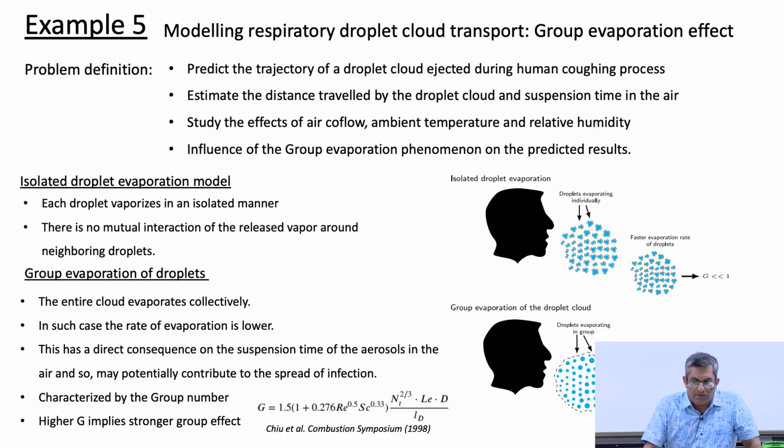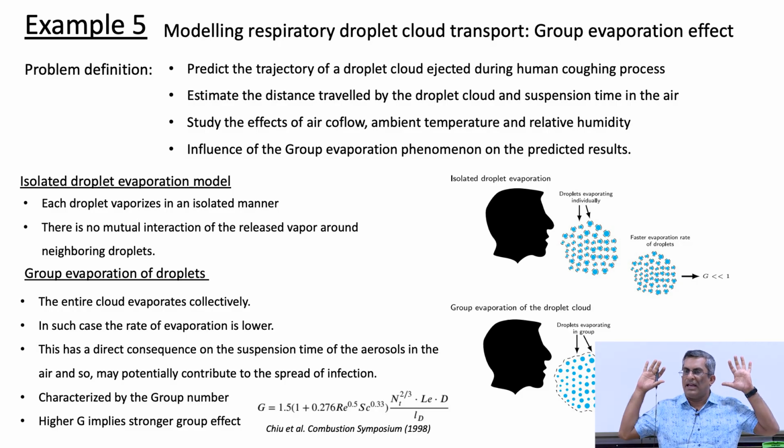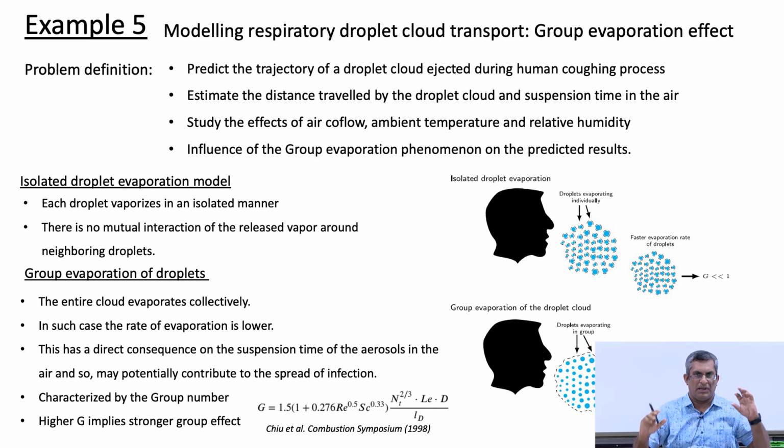Then estimate the distance traveled by the droplet cloud and suspension time in the air. Study the effect of co-flow. So if there is an air flow around a human being, then how would these parameters be affected? Now let's say there is an air flow around you at 1 meter per second.